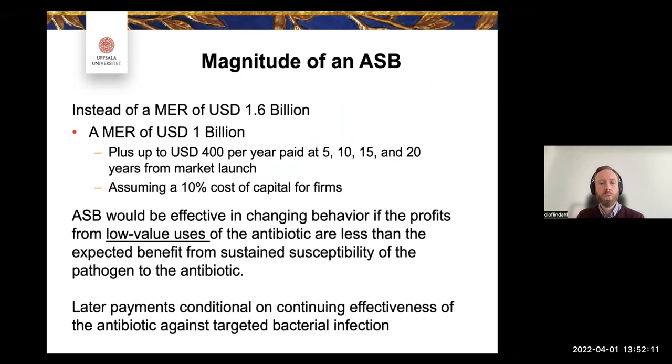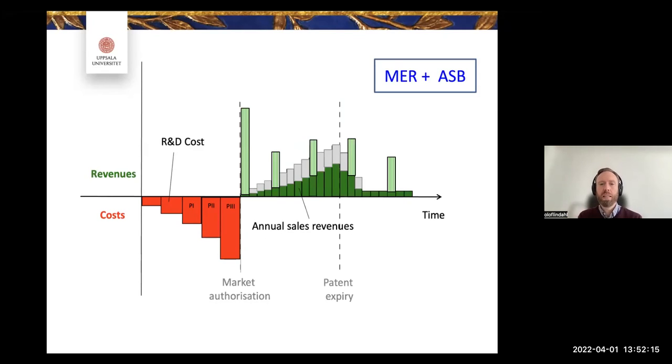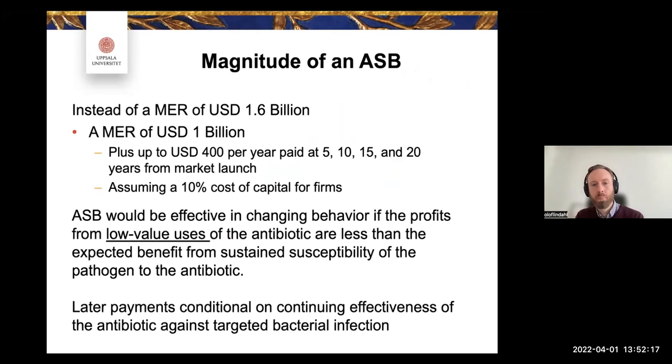So it would be staged over up to 20 years. And in practice, it would be more money. But we argue it will be better spent money, because you're actually not only incentivizing innovation, but also stewardship. And that matters a lot. So if that means that it's more costly, then well, so be it.